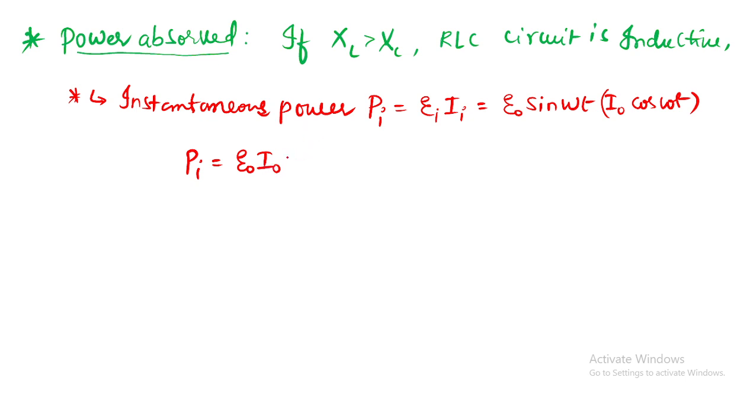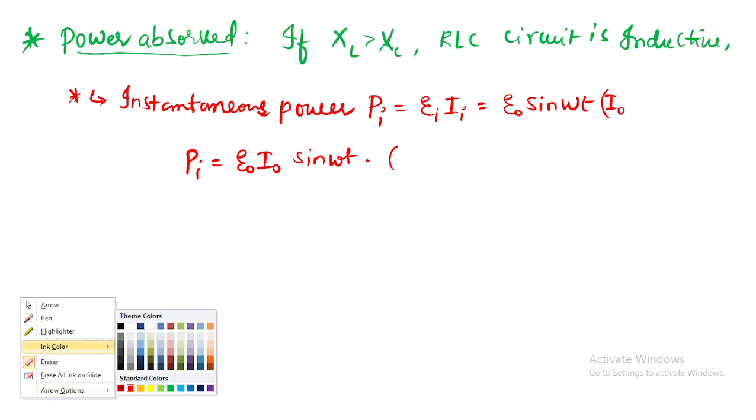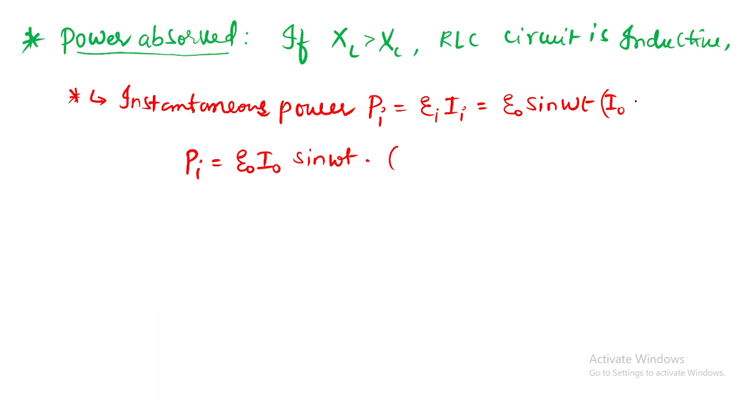E naught I naught sine of omega t, and this one also I can write as cos omega t. I will not write cos omega t completely, but instead I will write sine of omega t minus some phi angle, because it's not completely inductive.